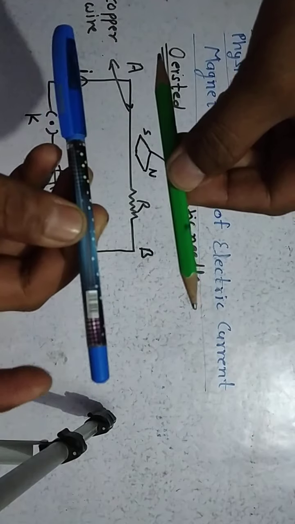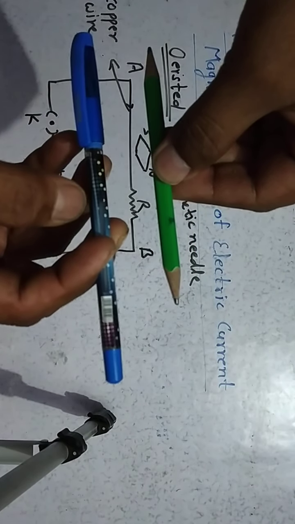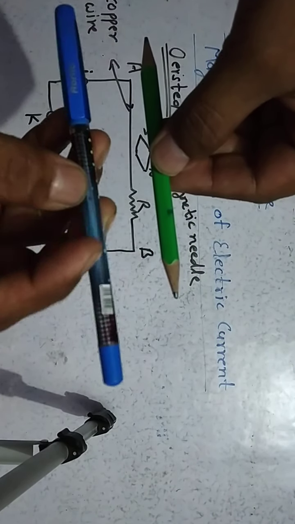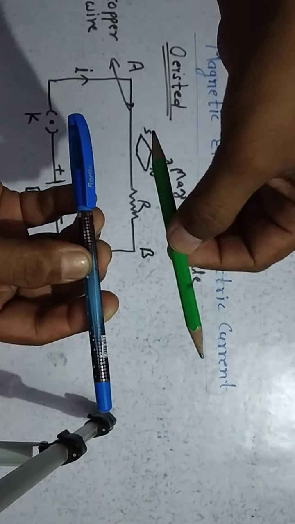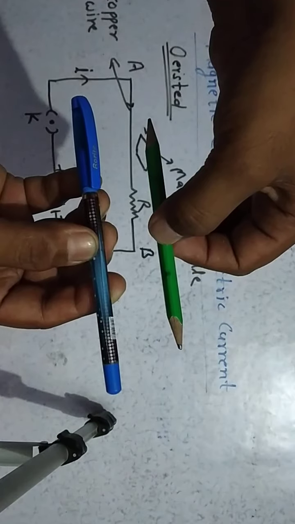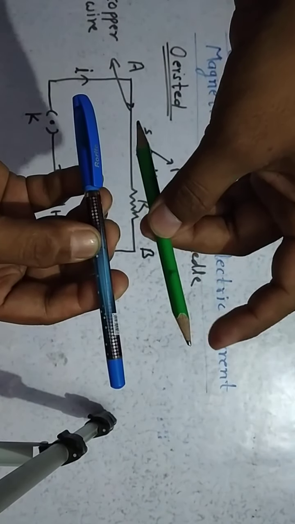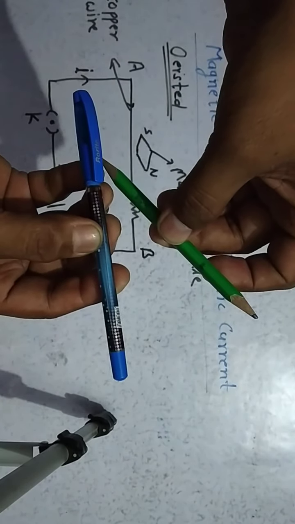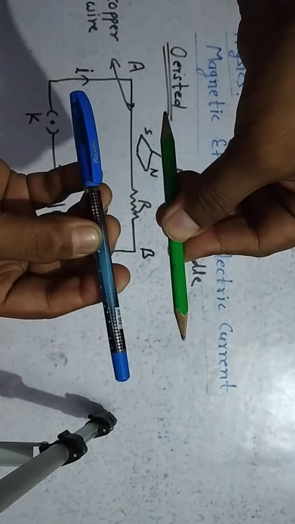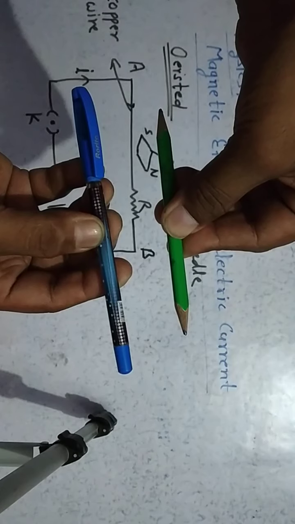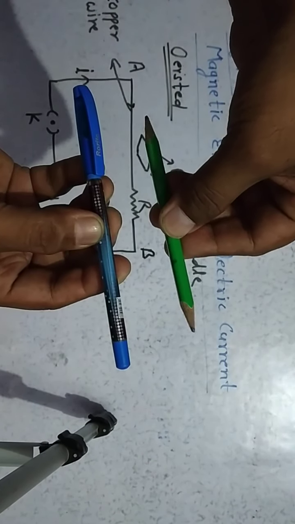When we pass current through the wire, let us suppose the pen is a wire and the pencil is the needle, then north pole is deflected like that. The north pole of the needle is deflected like that.